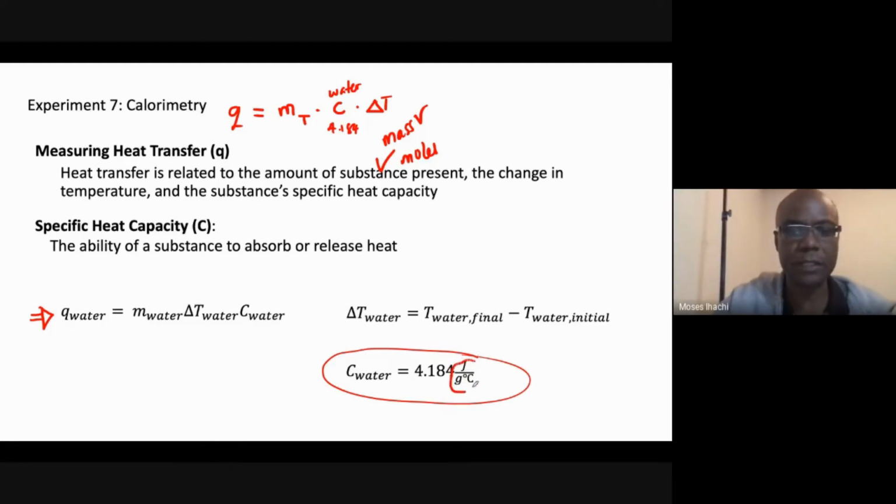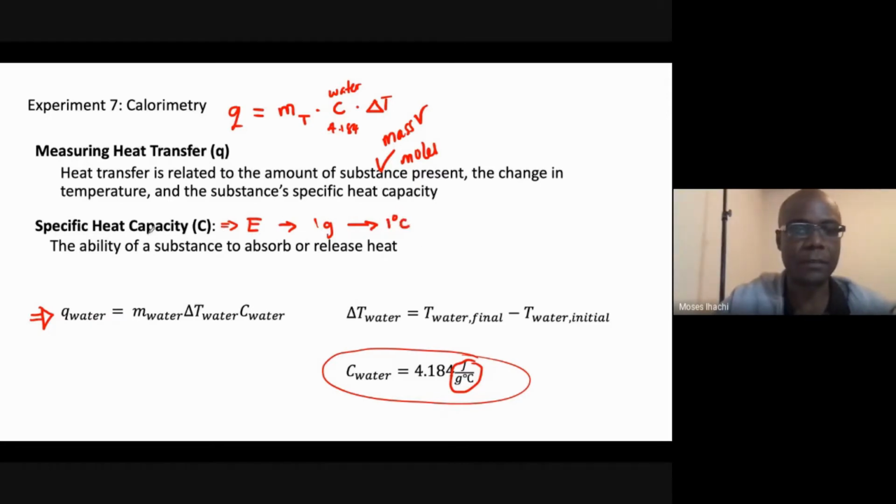Why this unit? Because specific heat capacity is the heat energy required to raise the temperature of 1 gram of a substance by 1 degree Celsius.